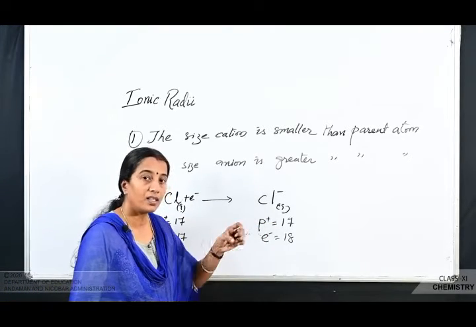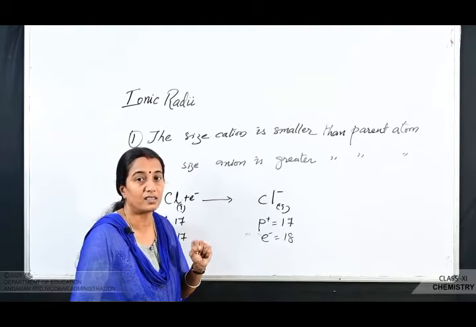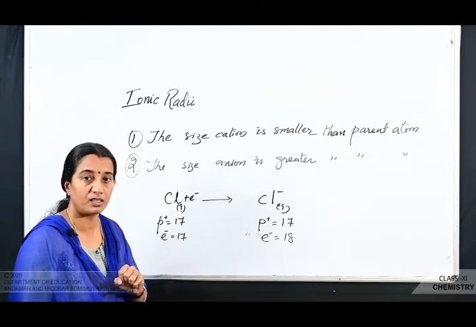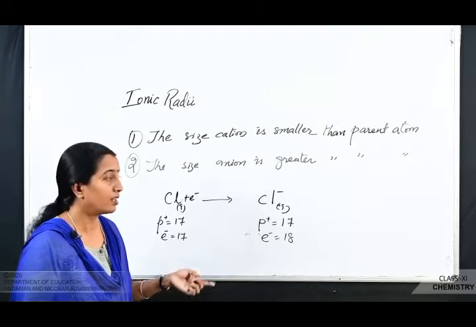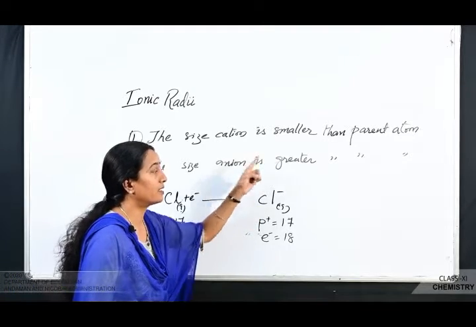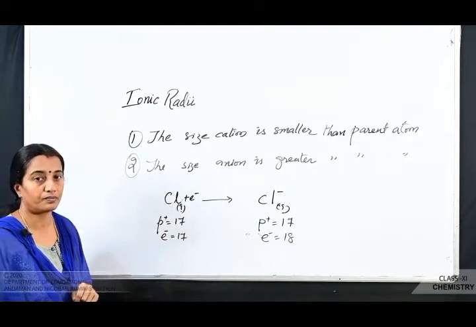So the holding capacity is decreased, and when the holding capacity decreases, the size will increase. So the size of the anion is greater than that of the parent atom.